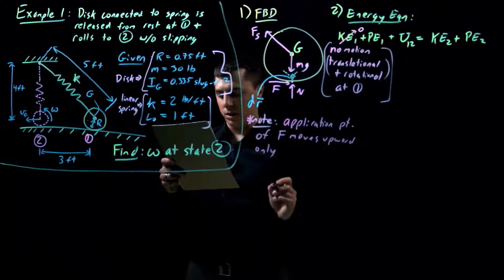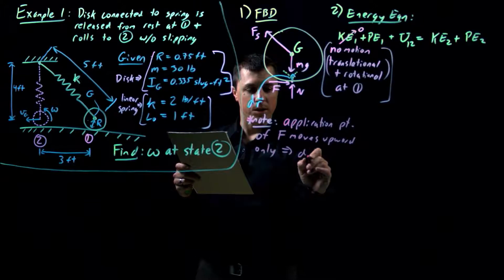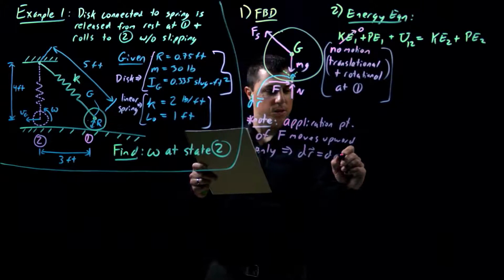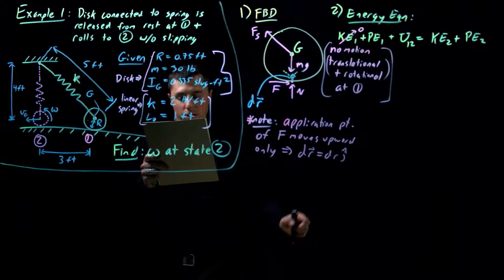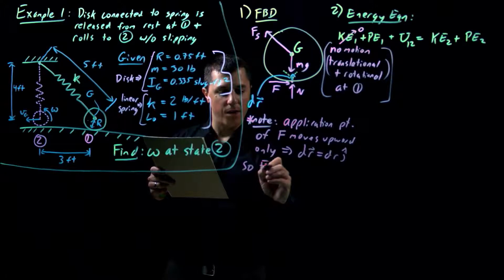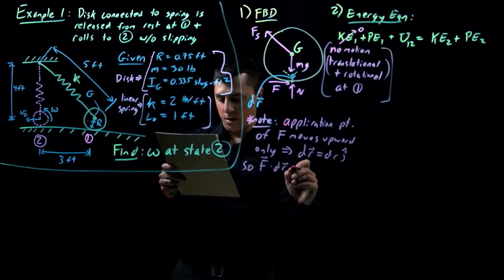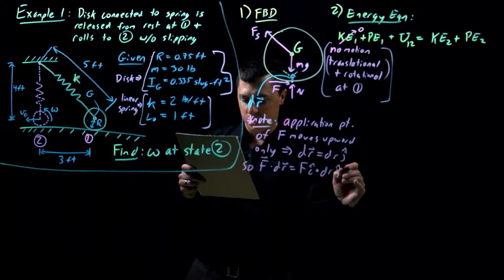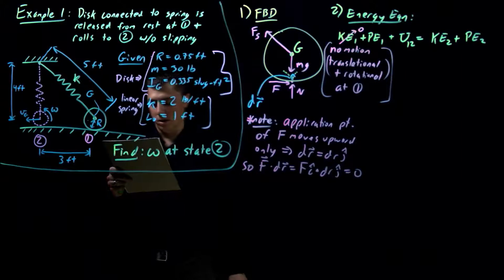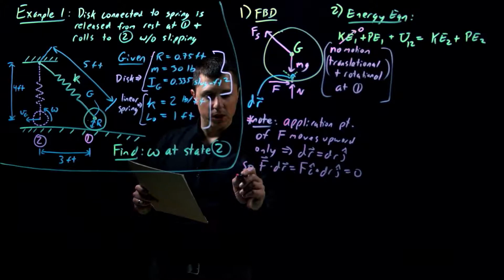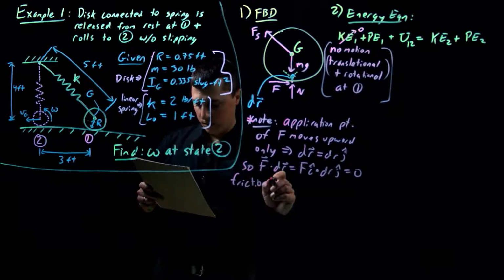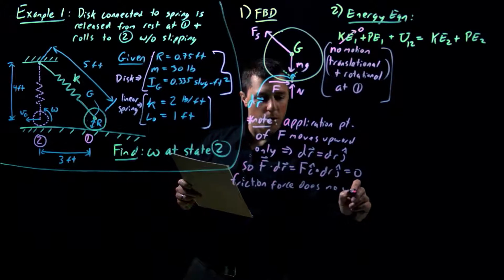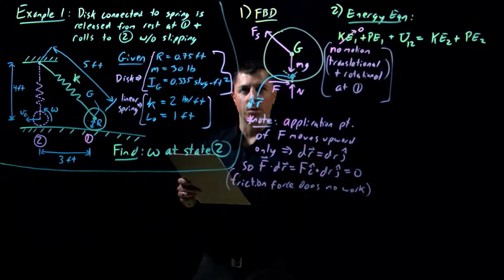This is our qualitative description. This is quantitative. Our dr vector is the infinitesimal change, but only in the j-hat direction. That's what's important. So F dotted into dr: F is in the i-hat direction here. We dot that into dr j-hat, and that equals 0 because i dot j, they're perpendicular to one another. So the friction force does no work in this case for a rolling wheel.